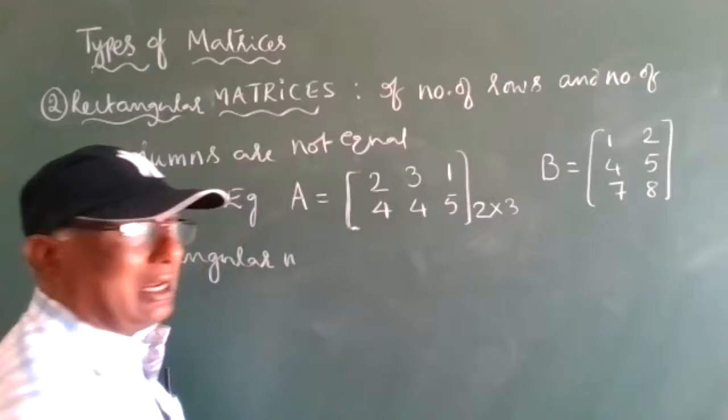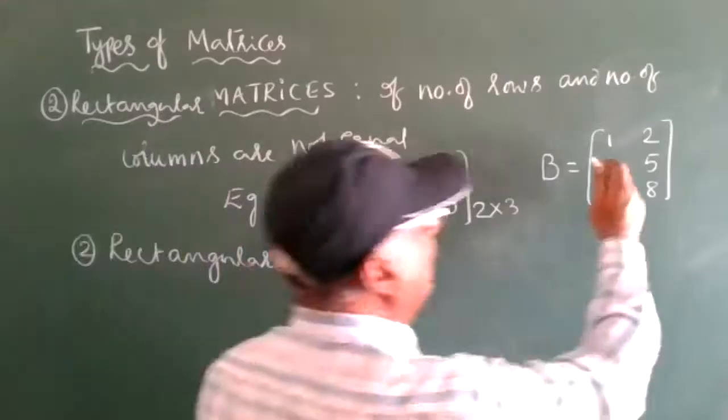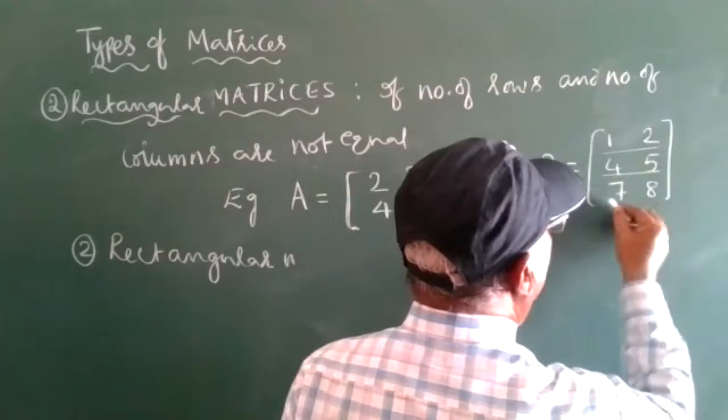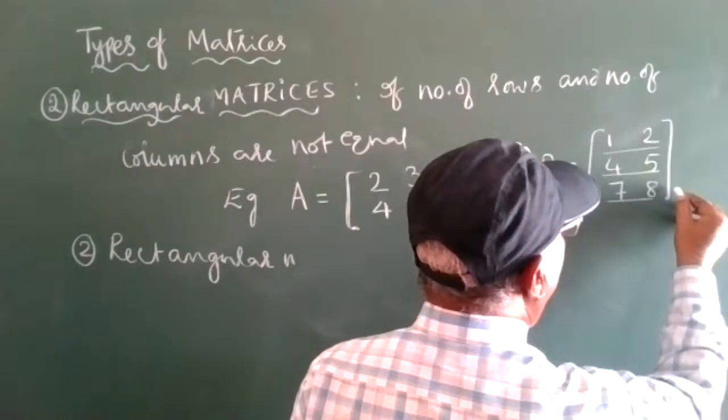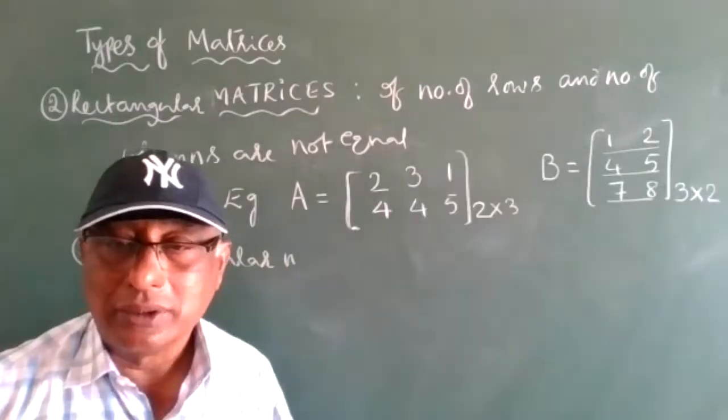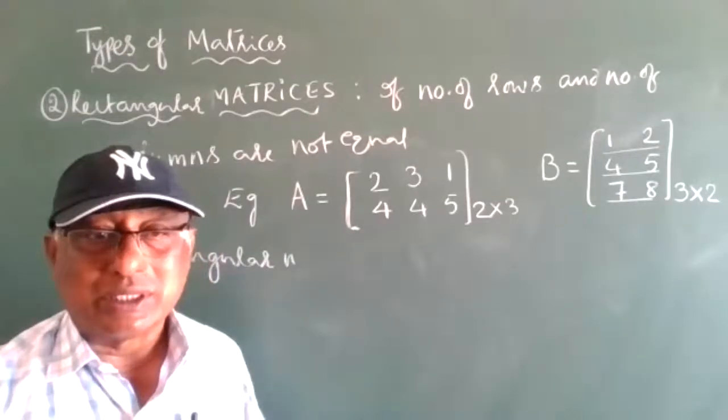Therefore, it is a rectangular matrix. Similarly, 3 rows and 2 columns is also called a rectangular matrix.